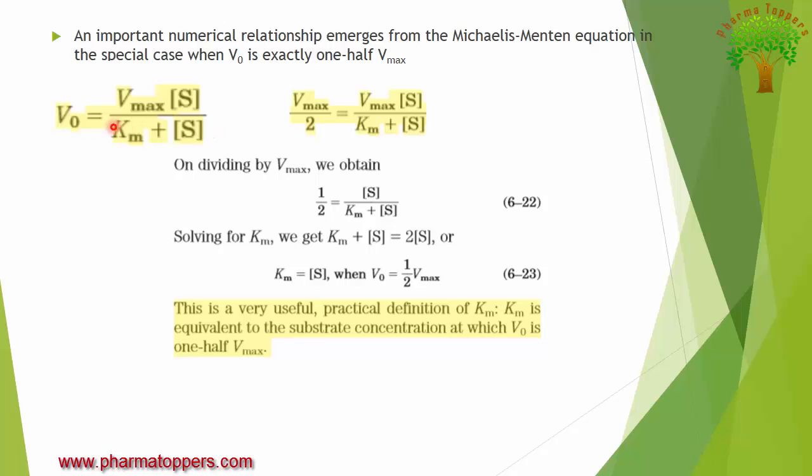Now from the Michaelis-Menten equation, V0 equals Vmax S upon Km plus S, consider a very special case, where the initial velocity is equal to half of the Vmax.